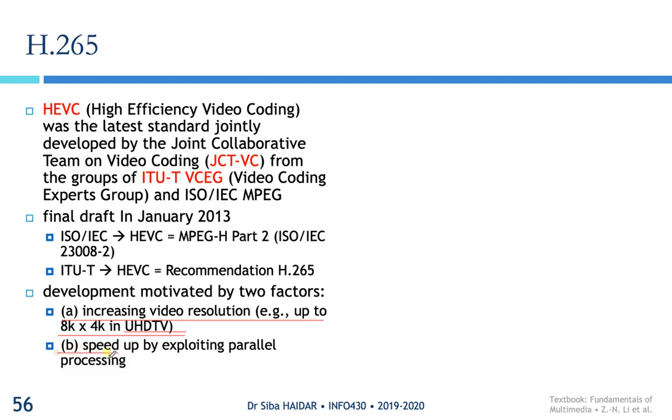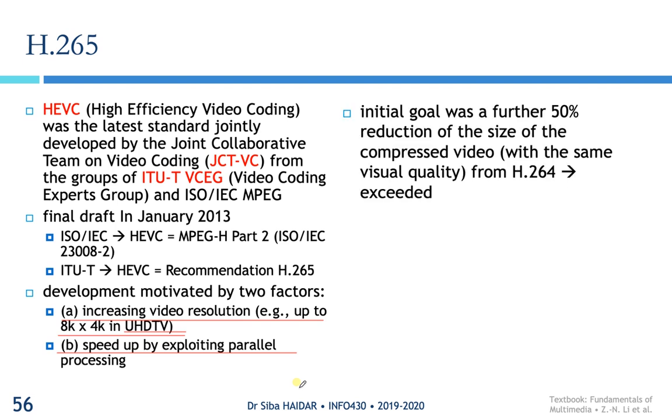And the second reason is the speed up by exploiting parallel processing. Since we now can have parallel processing, we can exploit this to make faster decoders and for higher resolutions.